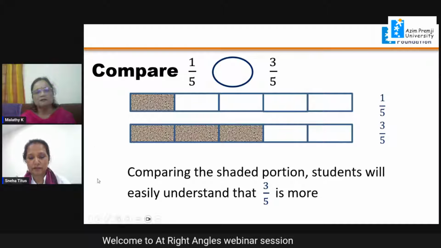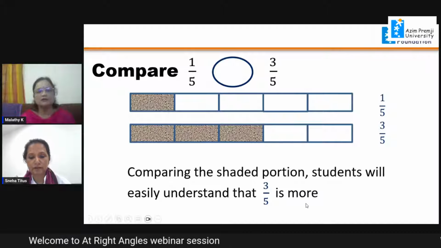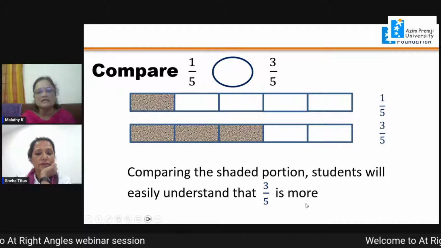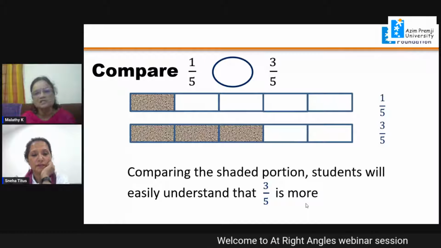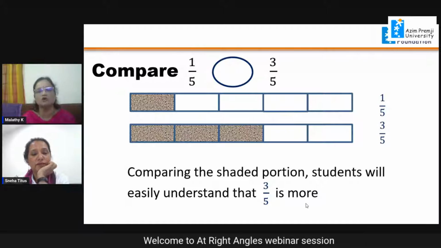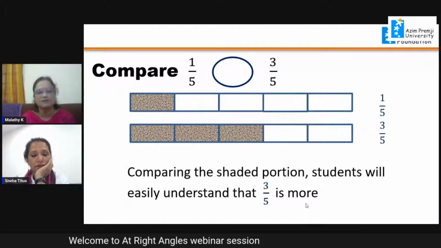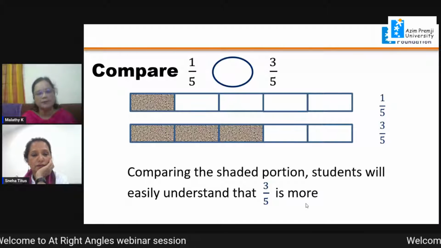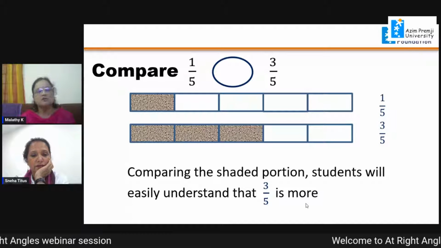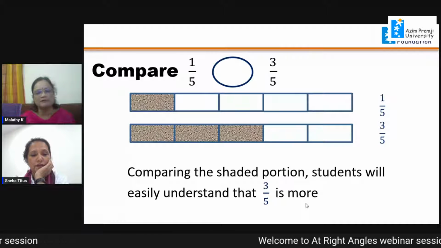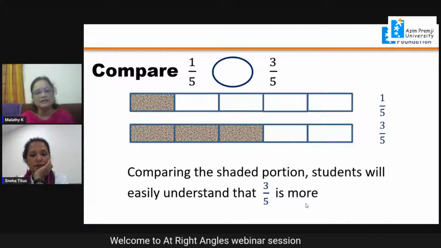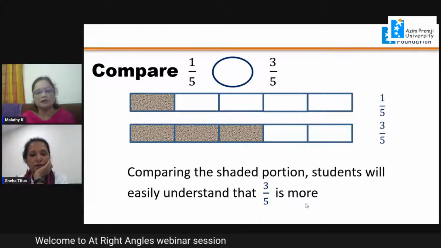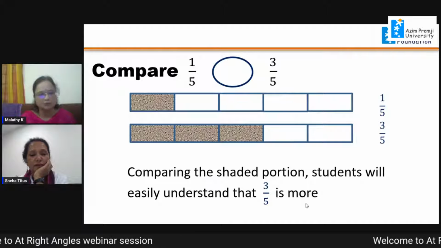By showing the shaded part, the students will very easily understand which is more and how much is more. Also, they will be able to understand with the pictorial representation or with the paper folding activities. So here in the picture, 1 by 5 and 3 by 5, when the shaded portions are shown, immediately students are very comfortable in saying 3 by 5 is more.